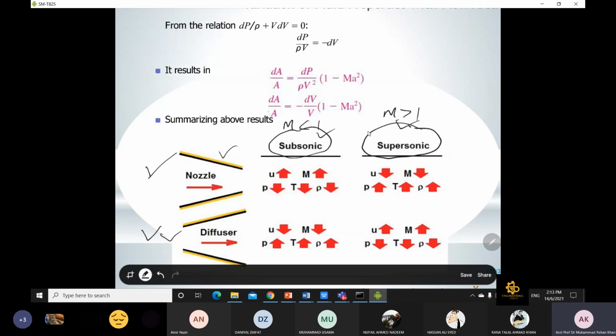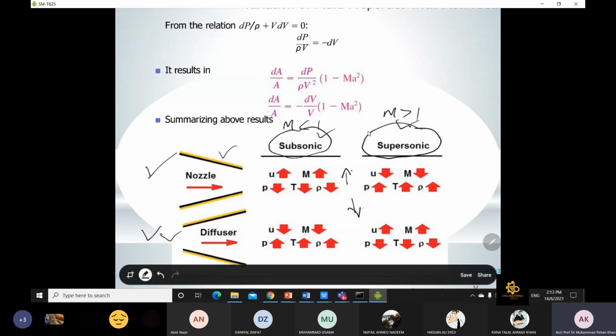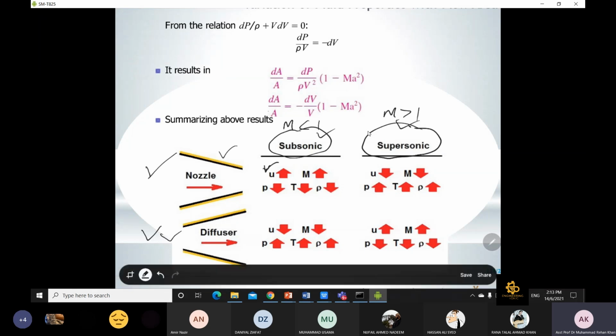As you notice, there are some arrows mentioned in red color. If the arrow points up, it means there is an increase in something. If the arrow points down, it means there is a decrease in something. Here, if you notice, u is mentioned, which is basically the velocity. So in the nozzle case, when there is subsonic flow, your velocity increases at the outlet.